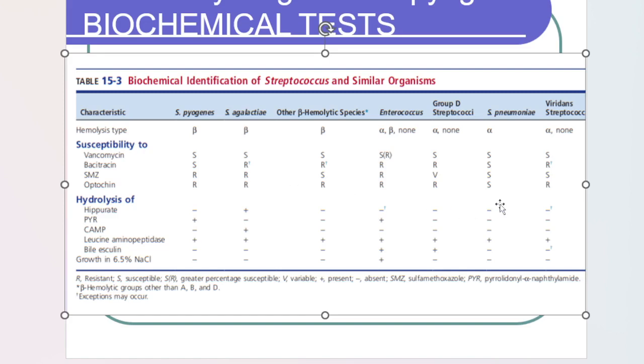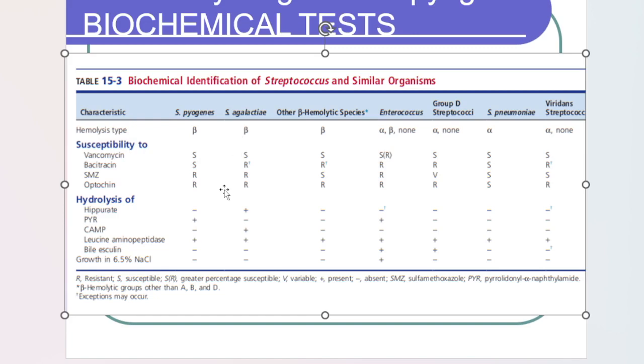For optochin, the notable one here is pneumoniae because it is the only one susceptible to optochin. Hippurate hydrolysis can also be used to differentiate pyogenes and agalactiae. Agalactiae is hippurate positive, but pyogenes is PYR positive and negative for hippurate. Agalactiae is positive for hippurate and CAMP positive for group B. Leucine aminopeptidase is the same for both, and bile esculin is negative for both. So, what can be used there is bacitracin, hippurate hydrolysis, the PYR test, and the CAMP reaction.